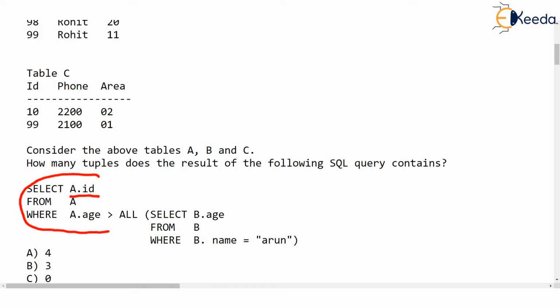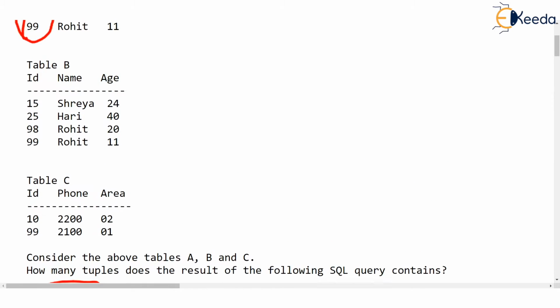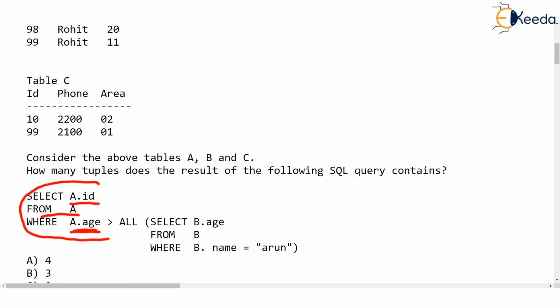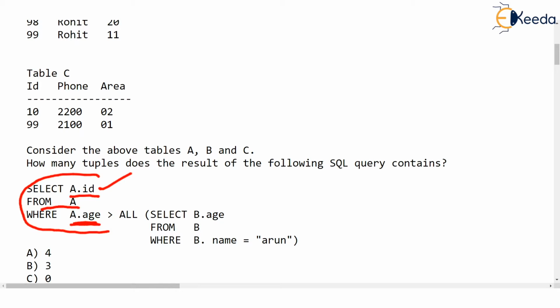Select a dot id from table A where a dot age, and table A also has age, is greater than all the entries which were returned from the inner query. But the inner query returned an empty relation, an empty table. We can say it returned null. In DBMS, nothing means null.